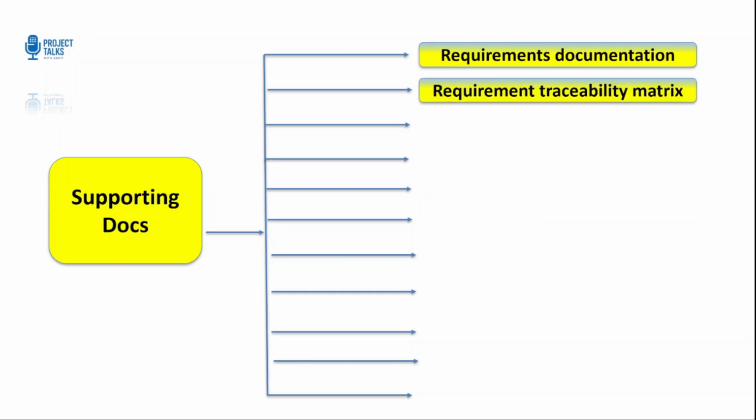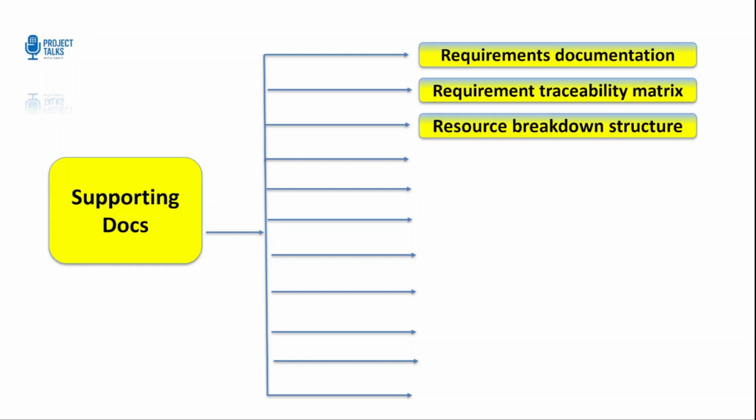Next is your requirement traceability matrix. This is used to track each requirement through the project lifecycle, from initiation to closure, ensuring that every requirement is fulfilled and tested. Then we have resource breakdown structure. Now, it is a chart showing the project resources, both human and material, categorized by type and function.